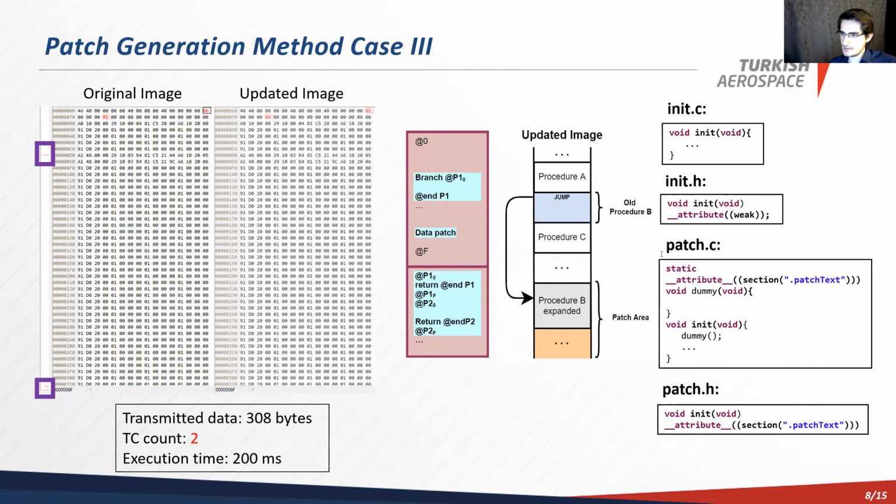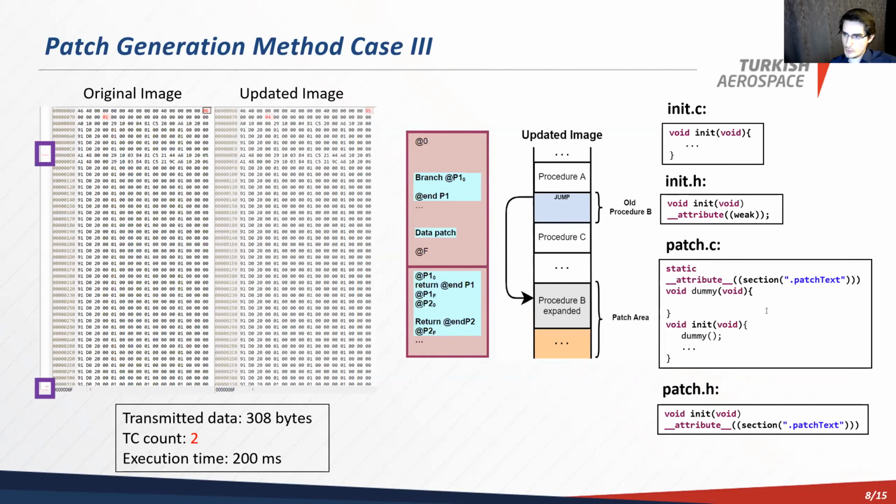You can see that we added 2 files, patch C, patch H. Here you can see that we tell our system that these new functions are going to be added into a new section in our image called patch text section.